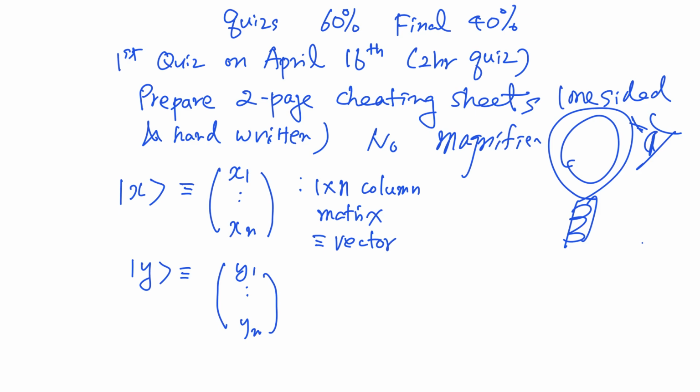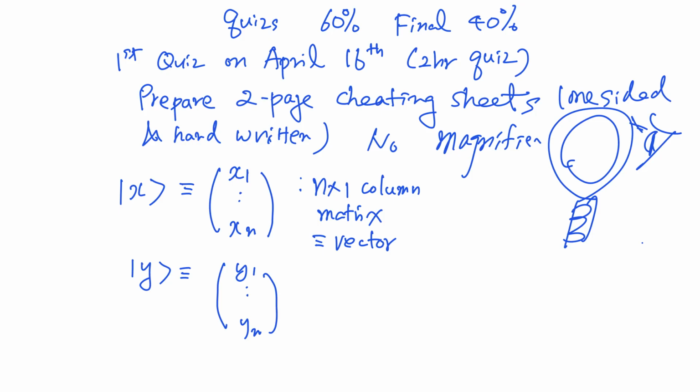So in my class, vector has two different meanings. One is the real vector, the quantity that has a direction and magnitude, which is going to be covered probably in the later part of the class, or maybe next semester, or the n by 1 column matrix.